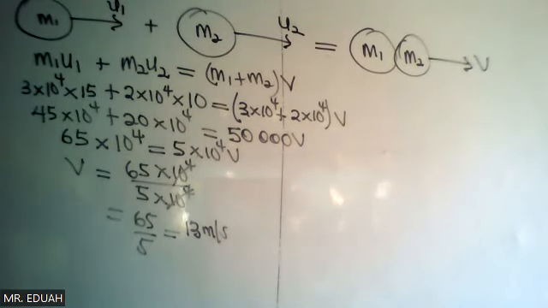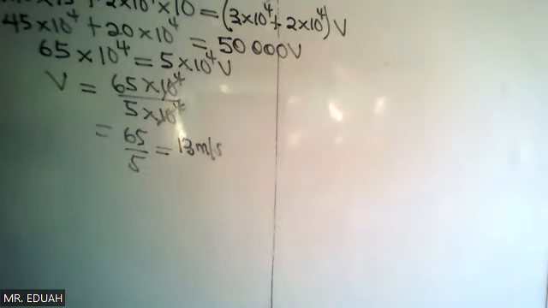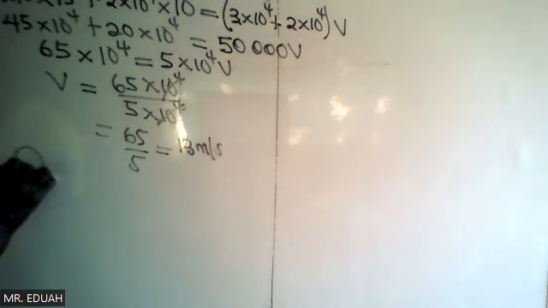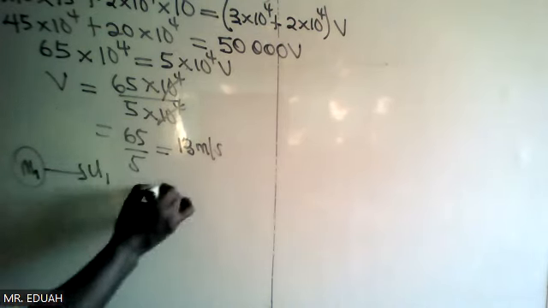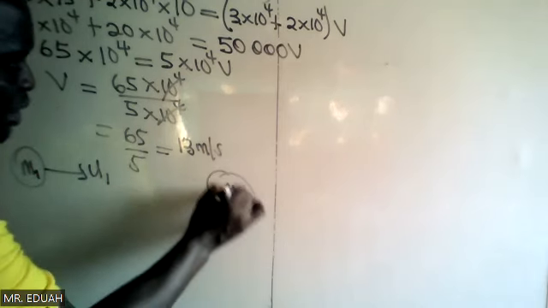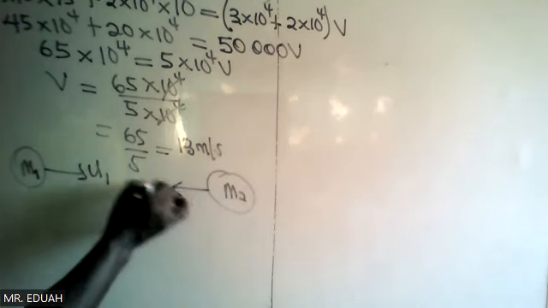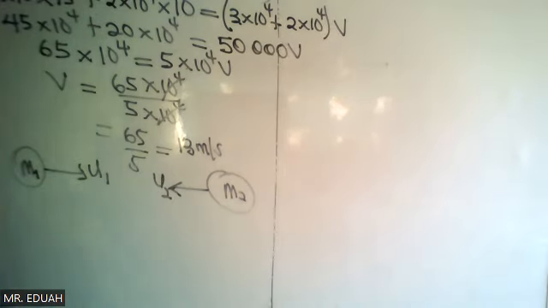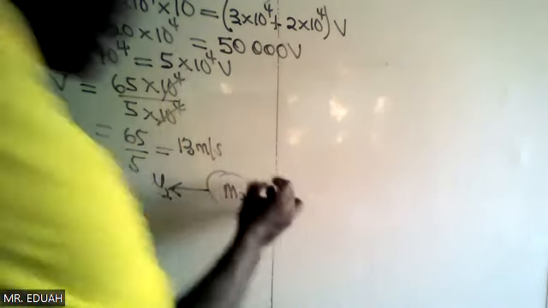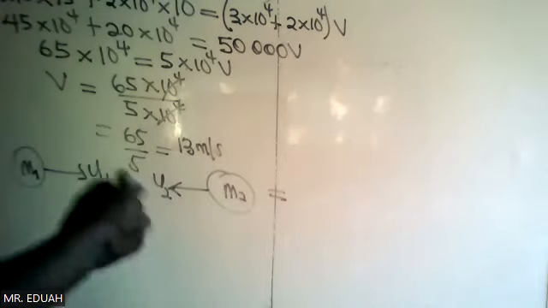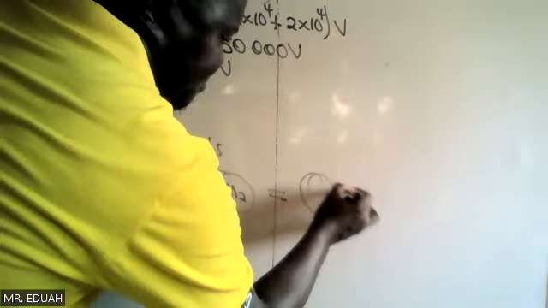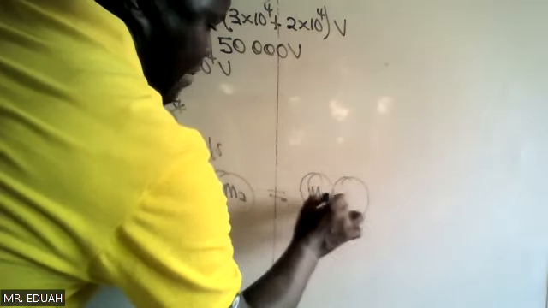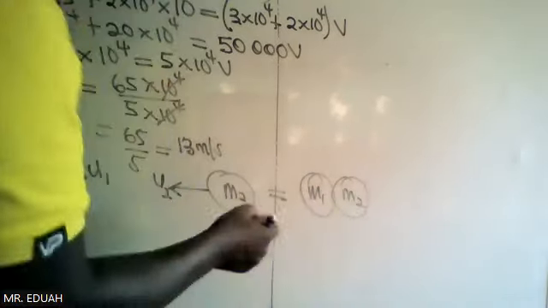Yes, please. If they are initially moving in opposite directions, this is what it means. M1 is here, U1. Then M2 is coming from the opposite direction, U2. Now after collision, because the collision is perfectly inelastic, they will still combine, M1, M2, and move with a common velocity.